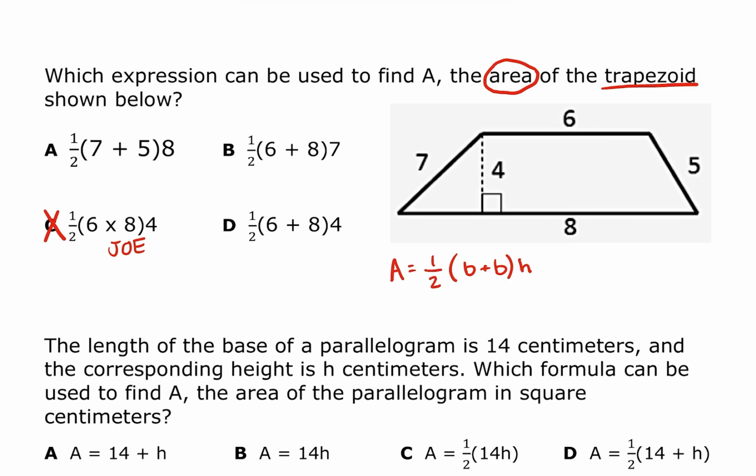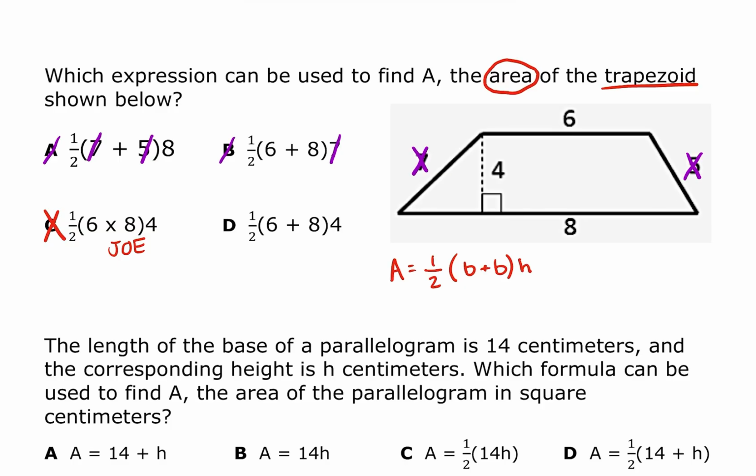Do we have slants? Yes. The 7 is a slant, and the 5 is a slant. So if you have a 7 or a 5 in your answer choices, it's a Joe. And look at A. Oh, we have both. B also has a 7. So the only thing left is D.